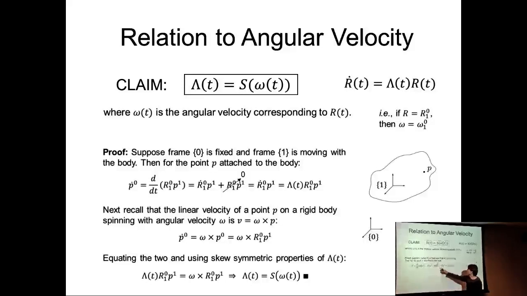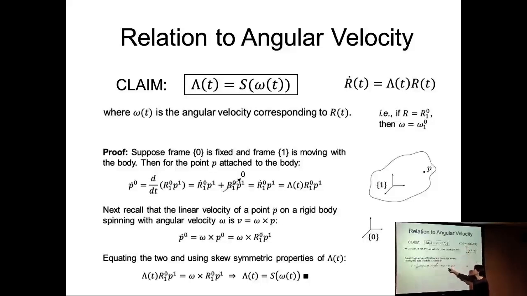It's worth noting that P1 dot, the velocity of the point P in frame 1, is always going to be 0 because this is a rigid body. P is always the same distance away from the frame that's attached to this rigid body. So this goes to 0. The result is R01 dot P1. Now what we'll do is substitute in what we derived before into this expression.